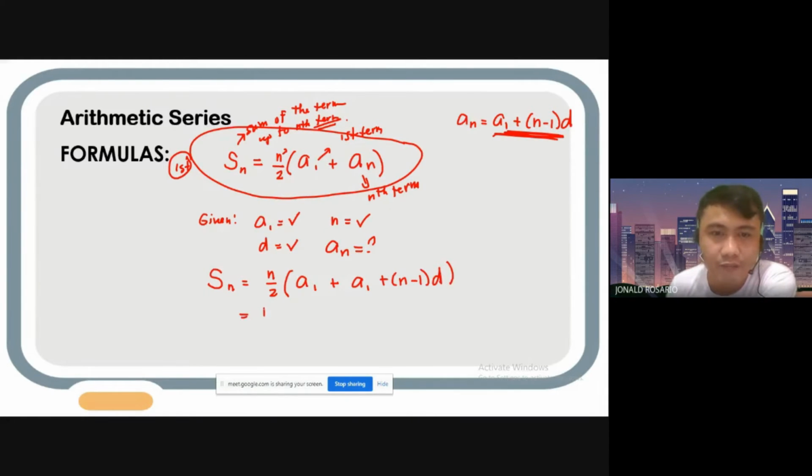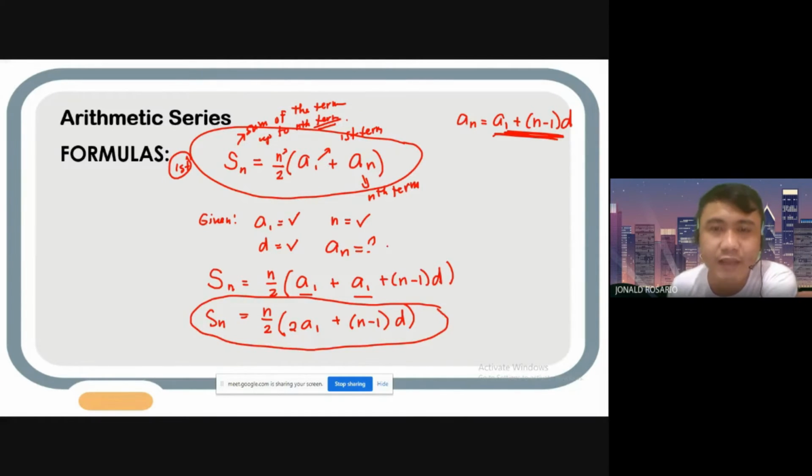Since a sub 1 and a sub 1 can be added, a sub 1 plus a sub 1 is 2a sub 1, plus n minus 1 times d. So this is our second formula if the nth term is not given.